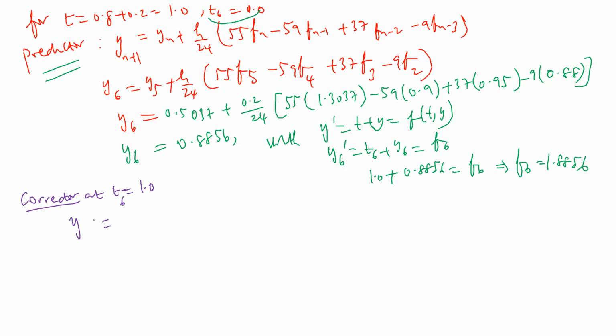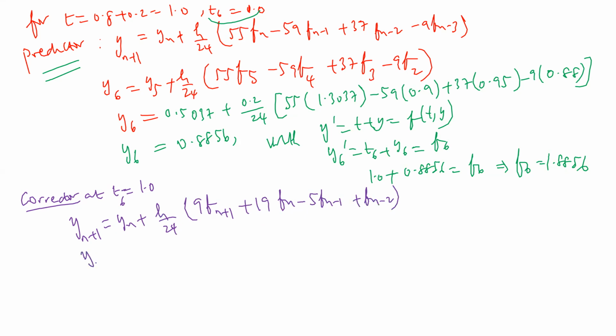You remember that the Adams-Moulton corrector formula is given in the question, but it is given by this: h out of 24 times 9 F n plus 1 plus 19 Fn minus 5 Fn minus 1 plus Fn minus 2.